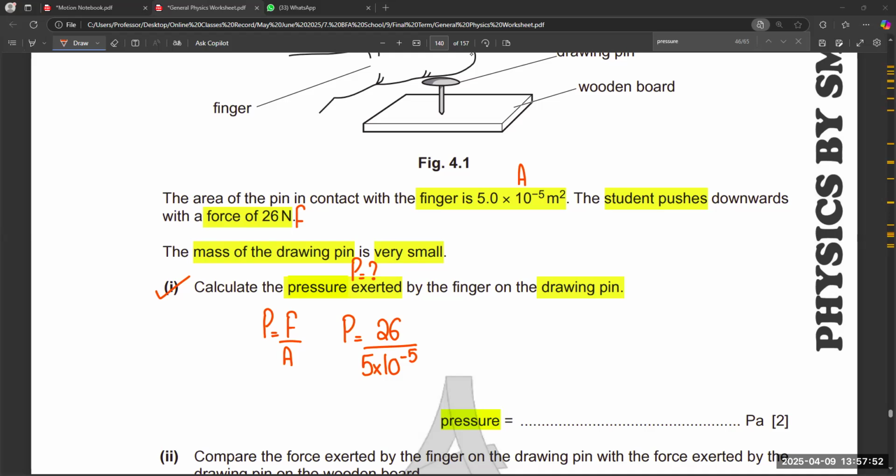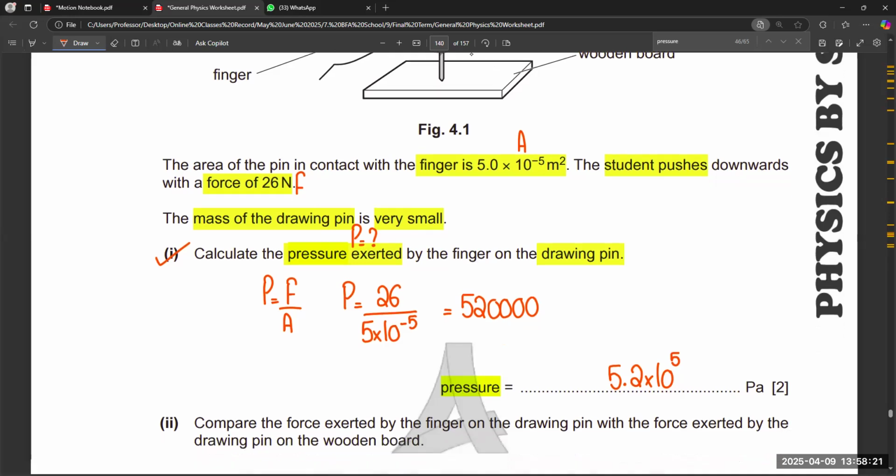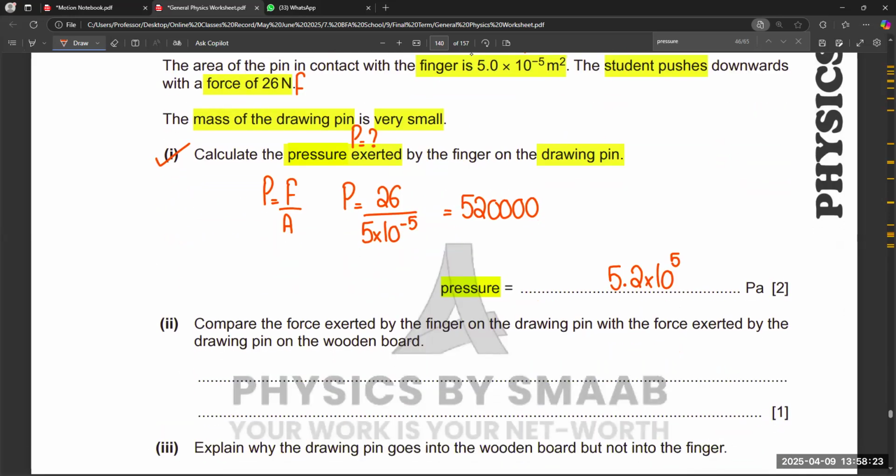So 26 divided by 5 exponent minus 5. So the answer is 5.2 10 to the power 5. So this is the pressure exerted by the finger on the drawing pin according to the values.